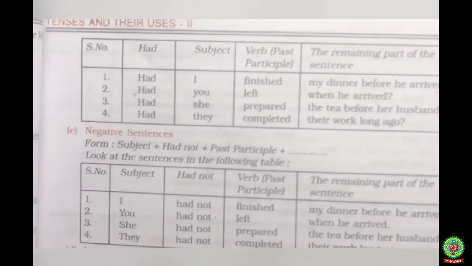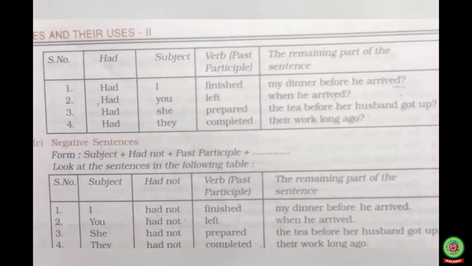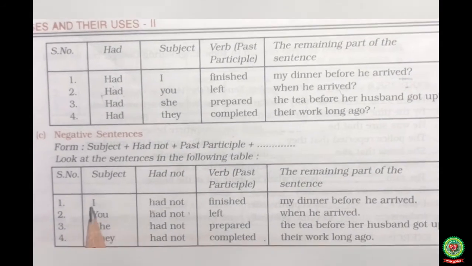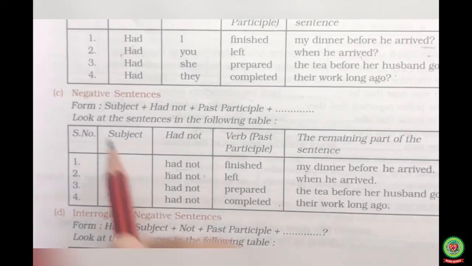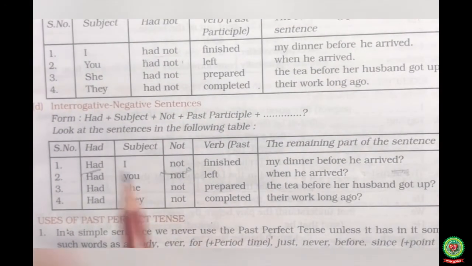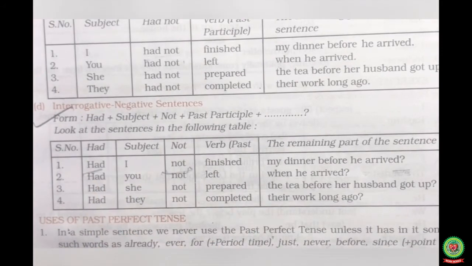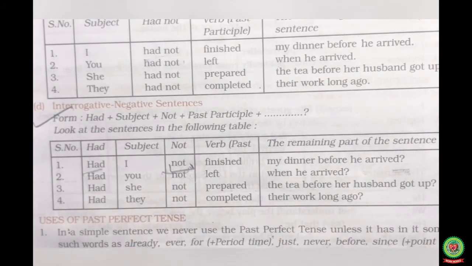Now next, here again he has given an example of how to frame an interrogative sentence. We have already done it. Next is your negative sentences. This also now I have explained. You just have to add not there. Interrogative negative, you just have to take had out of your sentence. Your negative not will remain there.